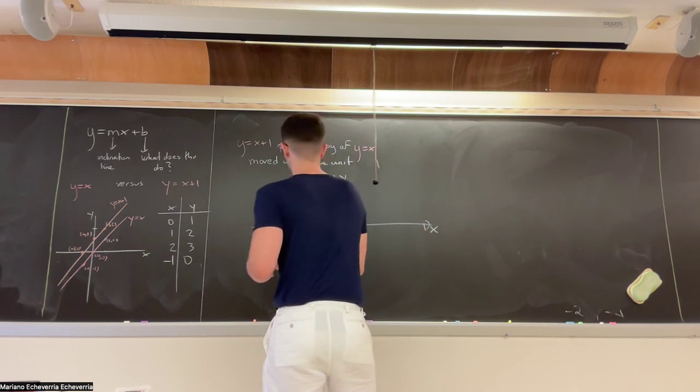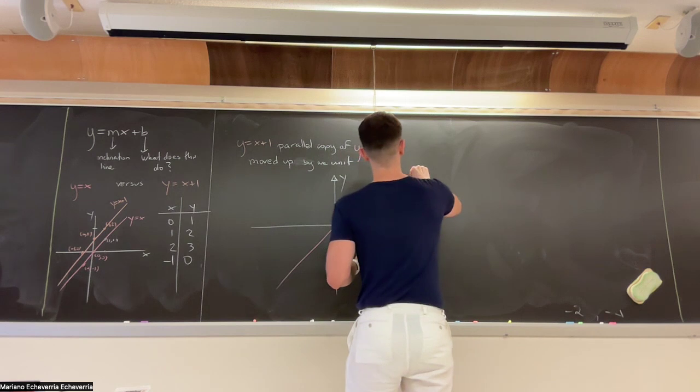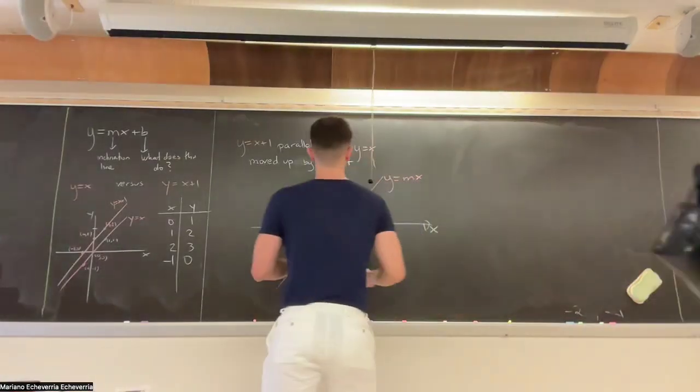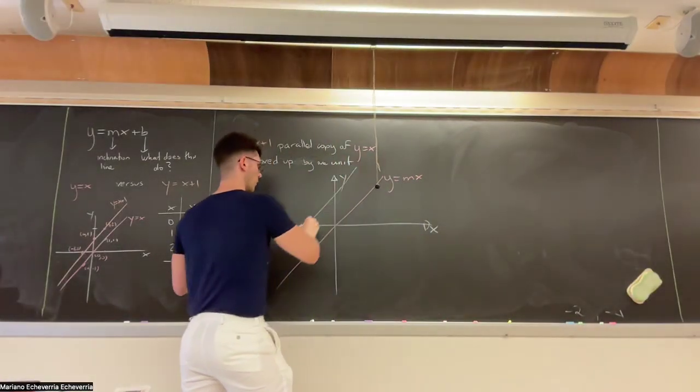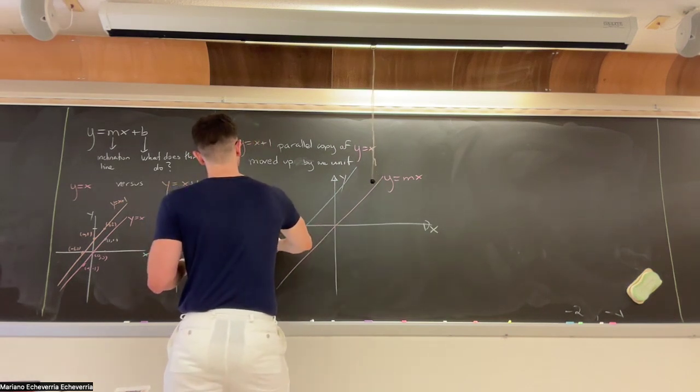So the general situation is that if you have a line which is y equals mx, the line y equals mx plus b looks like this.